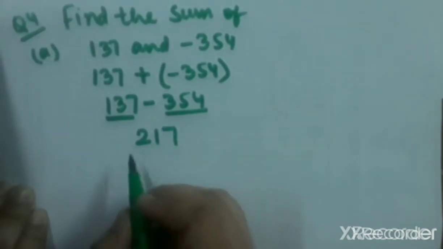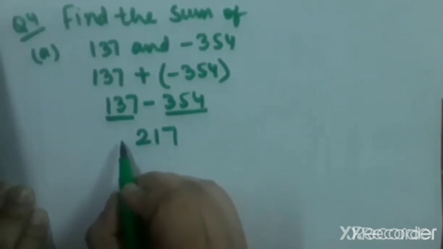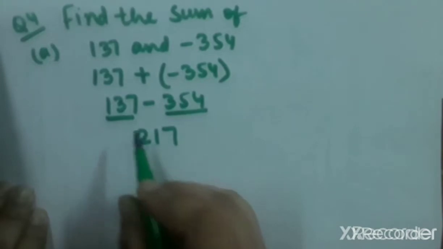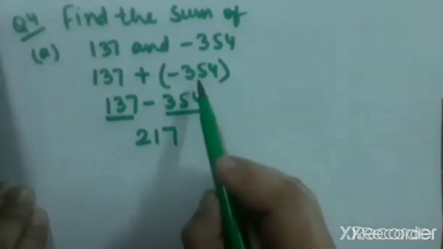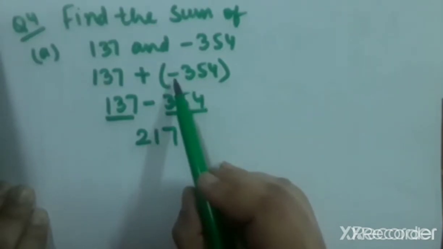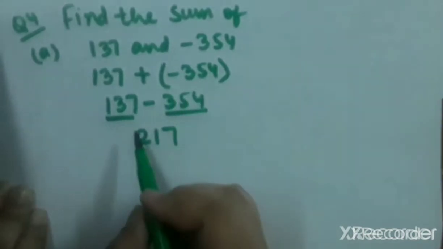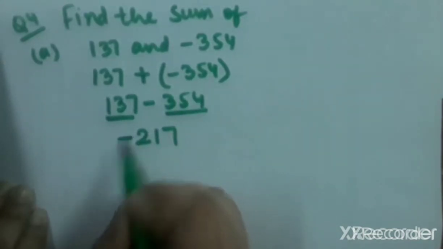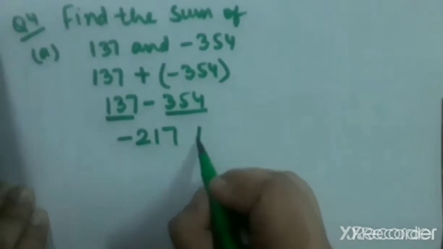But yes, at the end you have to keep in mind the sign of the answer. Here out of 137 and 354, 354 has a greater value. But there is a negative sign in front of 354, so the sign in the answer will be minus 217.